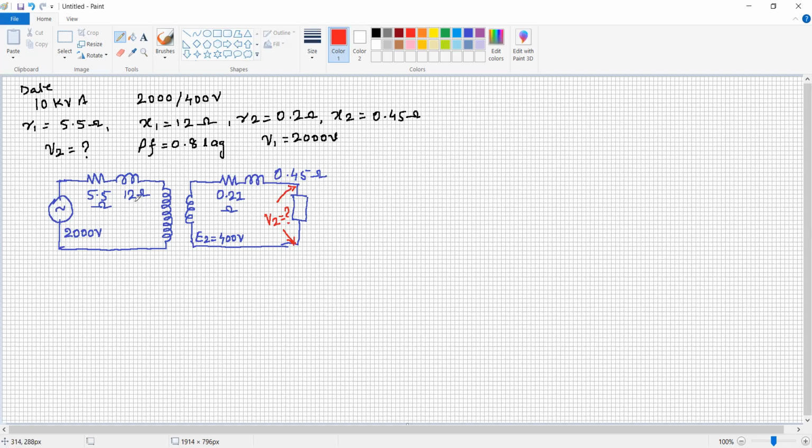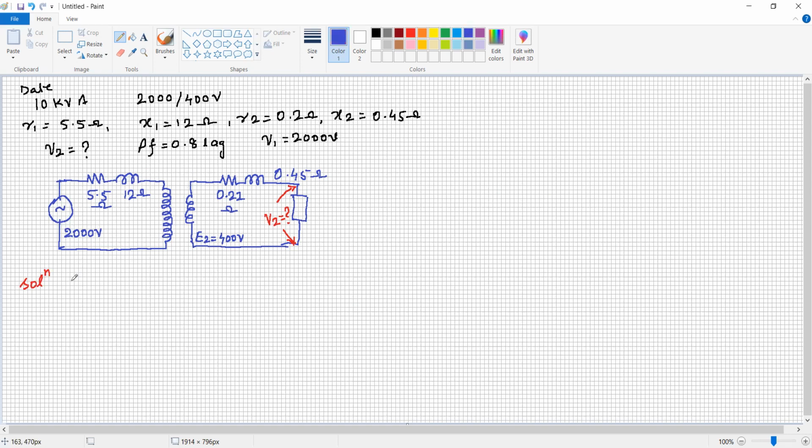Similarly, the winding with fewer turns definitely has smaller resistance and reactance values. So even if it is not shown properly, from the values of resistance and reactance it is clear that the higher values are from the high voltage side and the smaller values are from the low voltage side. Now we want to solve this numerical.